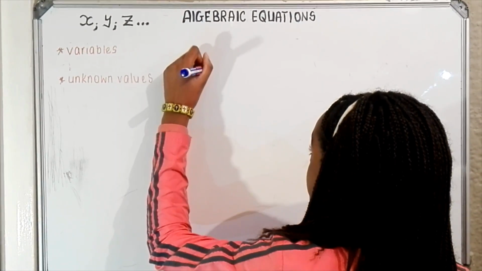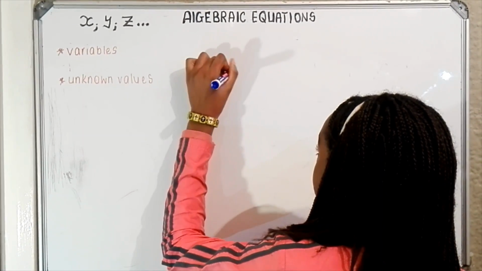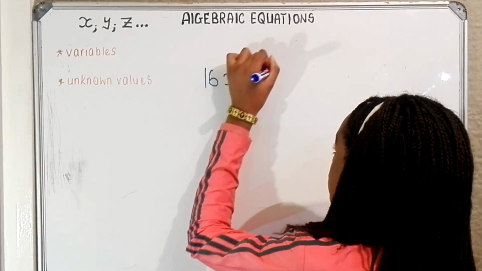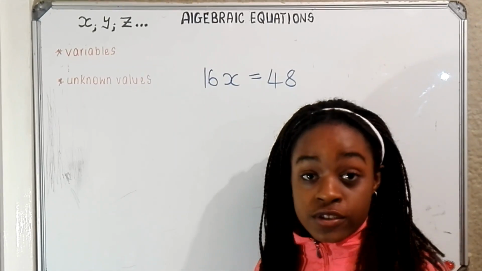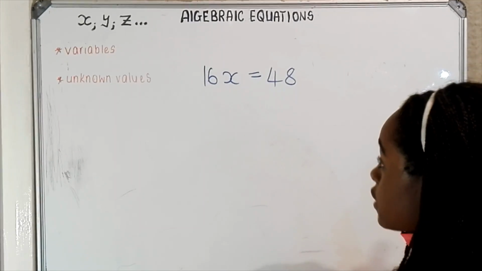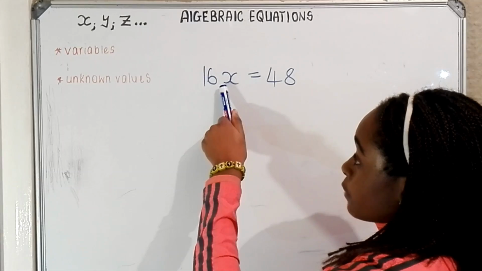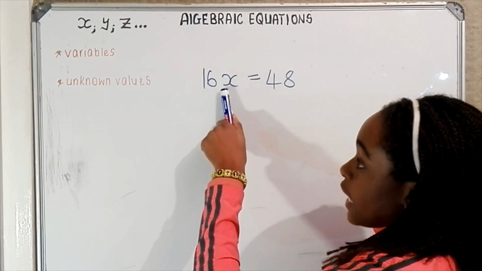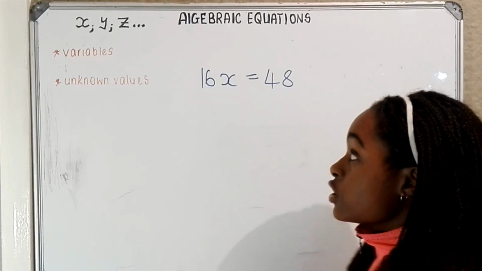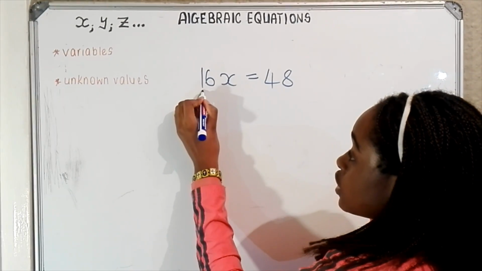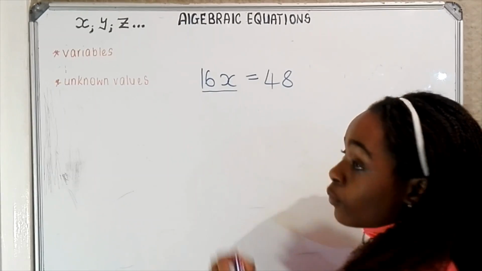Say we have 16x is equal to 48. Feel free to pause the video and try this on your own. Okay, so like I said again, there's a multiplication sign, so it's 16 times x. The opposite of multiplication is division. And remember, we put division in fraction form.